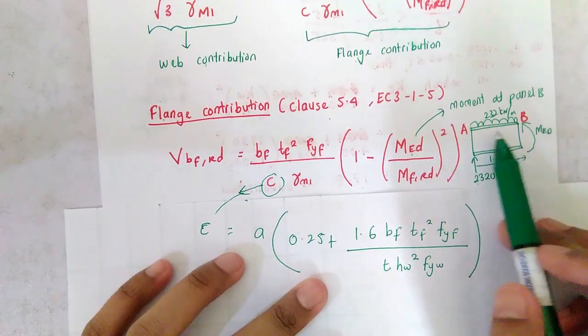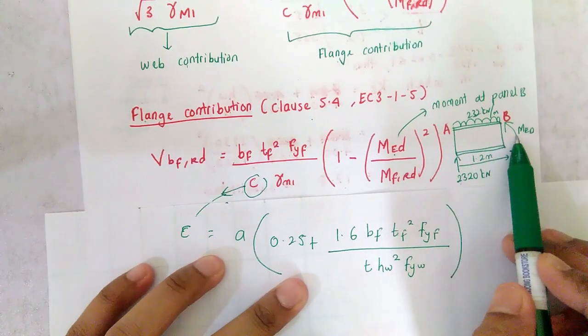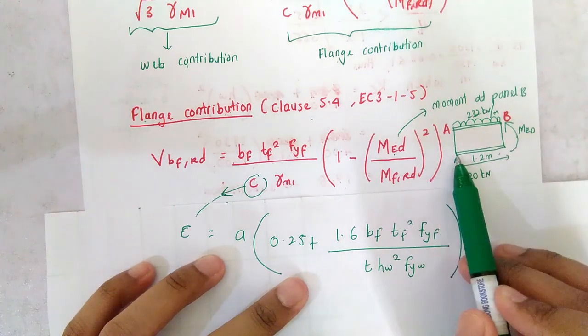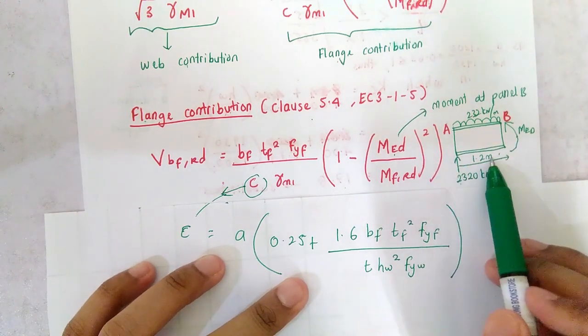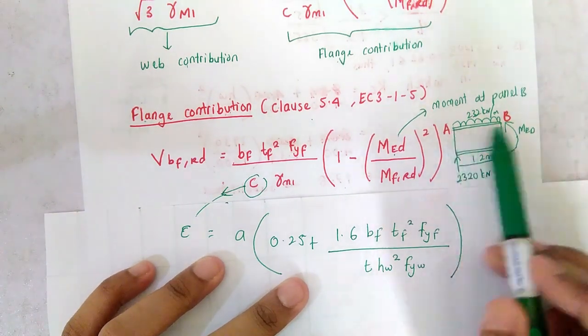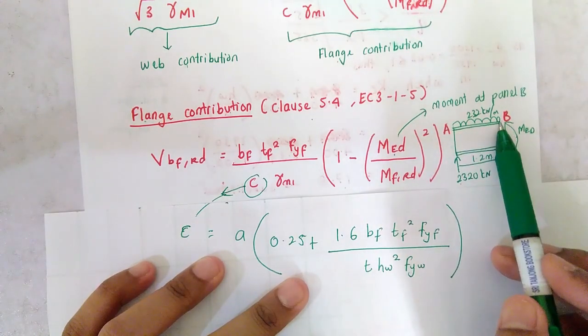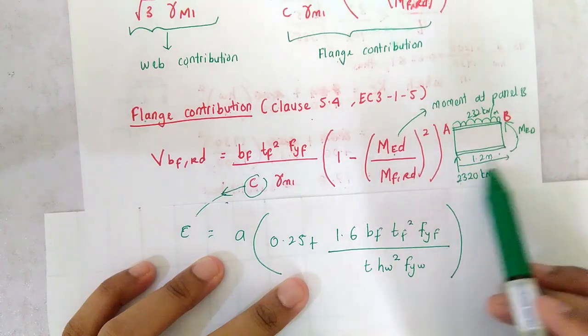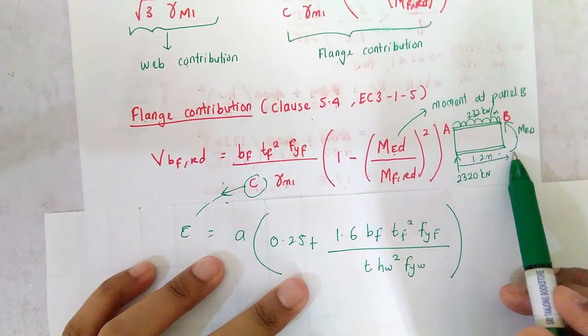M_Ed is the moment which you measure at 1.2 meter from the support. Why 1.2 meter? Because for your panel AB, the stiffener is located at 1.2 meter.